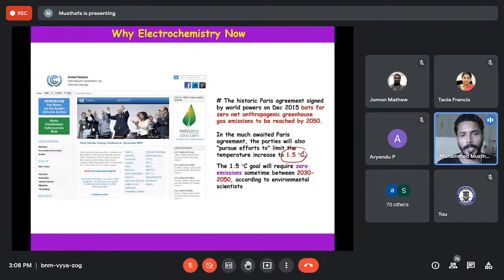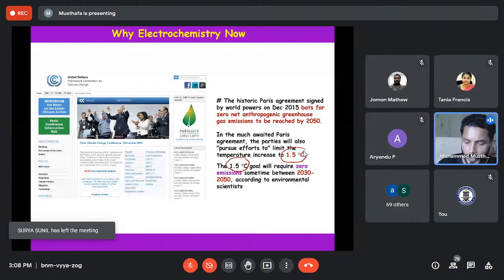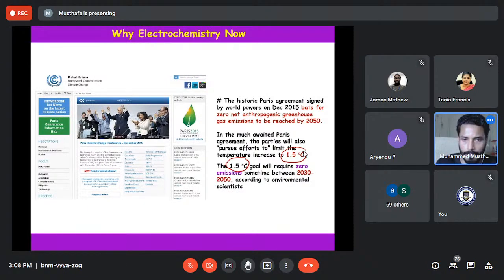But to achieve this target of 1.5 degrees C, you must develop zero emission technologies. Zero emission means zero polluting energy technologies at least by 2050.